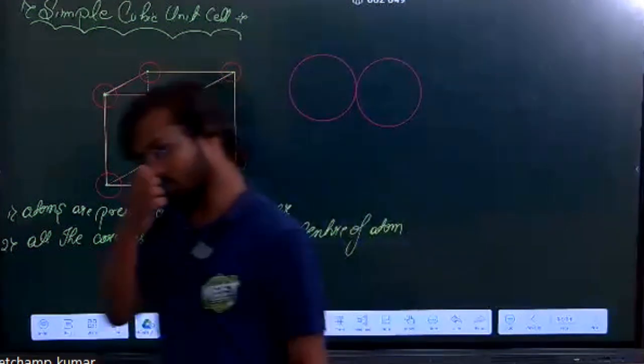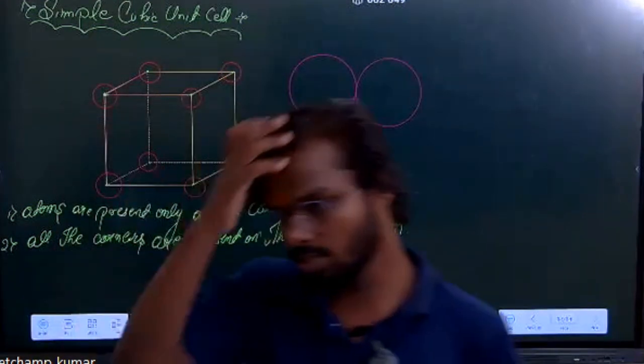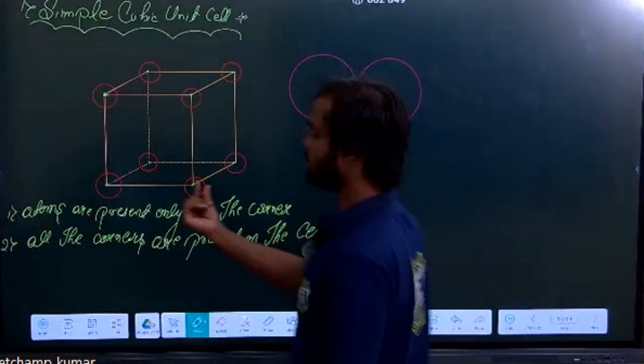All the corners are present at the centers of the atoms.